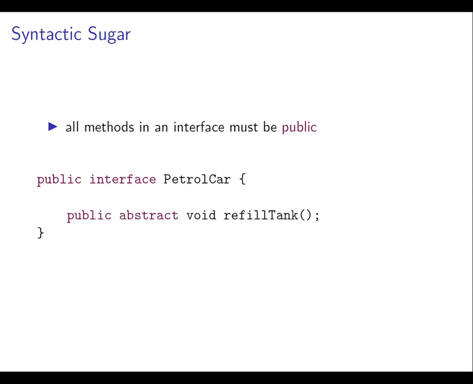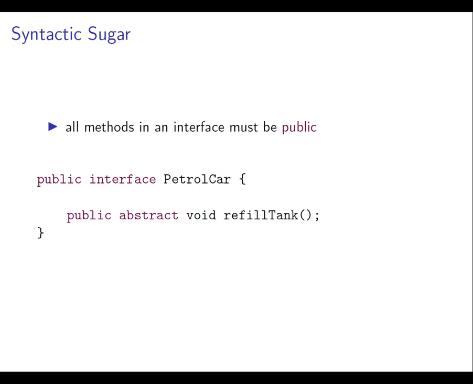And we have some syntactic sugar, which is quite convenient for interfaces in Java. So, Java enforces that all methods in an interface must be public. If you think about it, it doesn't really make sense to have private methods in an interface, because the point about a private interface is that it encapsulates private data, but interfaces don't have data anyway.